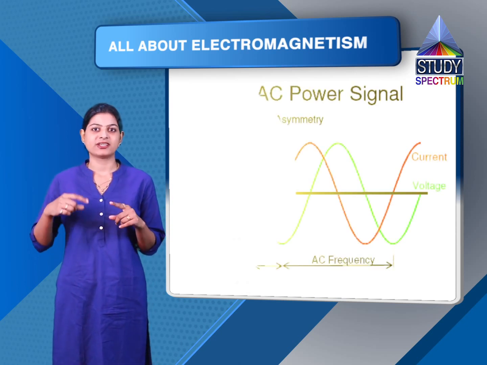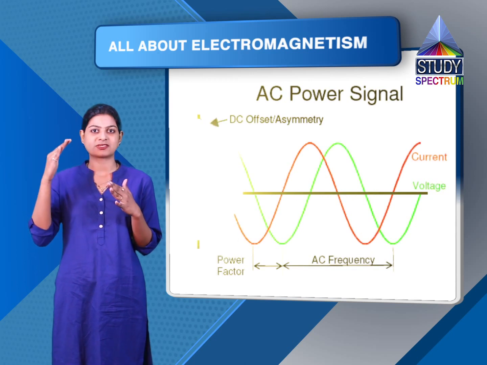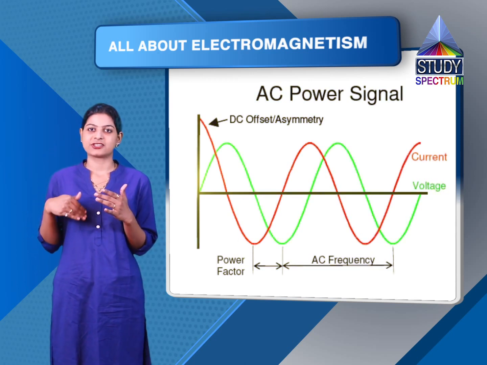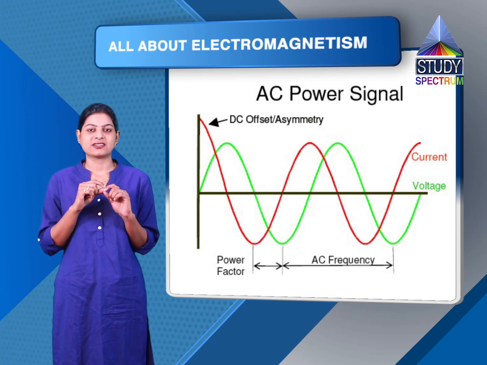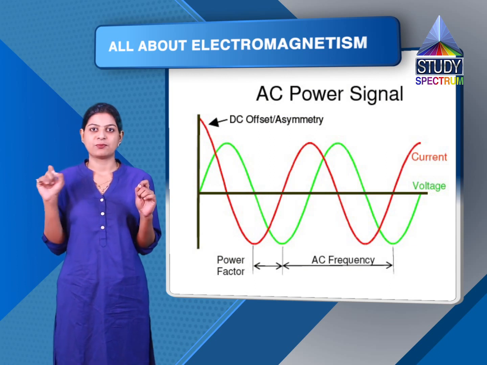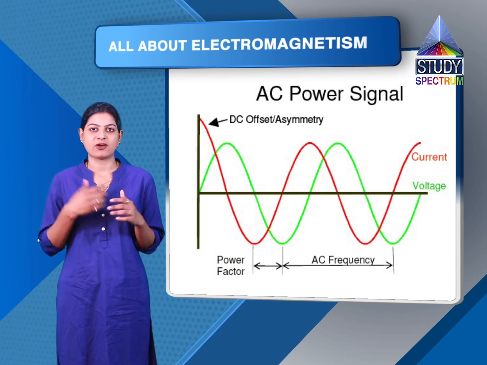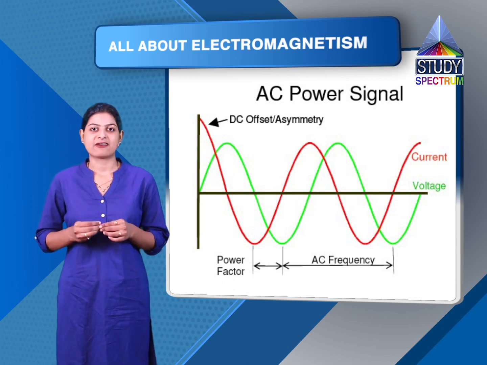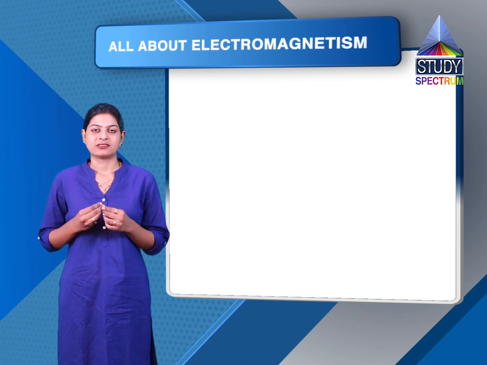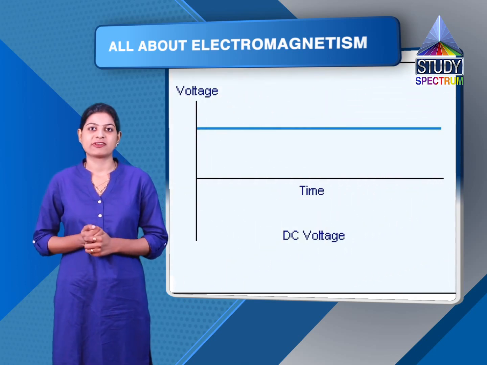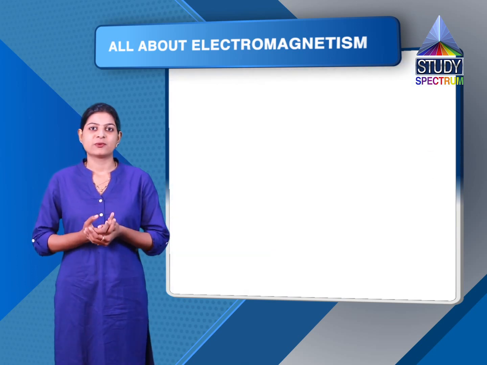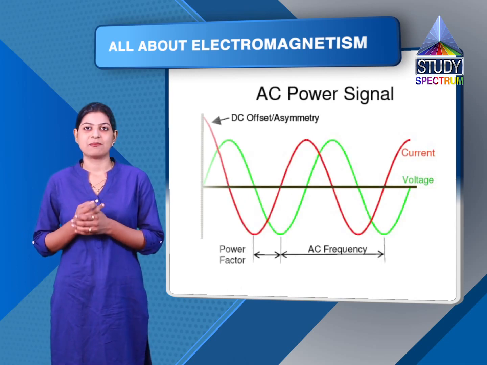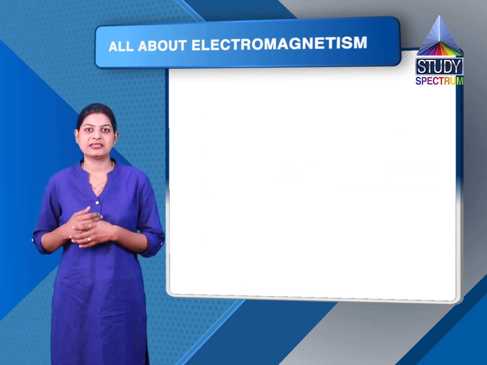It goes from positive to negative and then negative to positive. If we try to plot the flow of current on a graph, we obtain a wave which has a frequency. The frequency of direct current is always zero, whereas the frequency of alternating current is about 50 Hz, which is supplied in India.